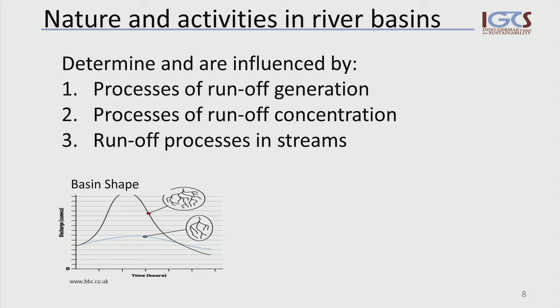Just two examples here. The basin shape. We have two different types of basin shapes, one with many tributaries and one with very few. And here the runoff discharge rating curve.